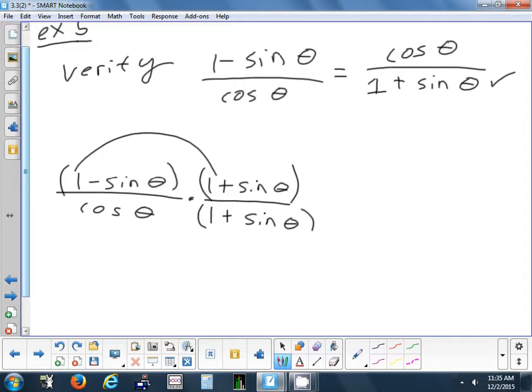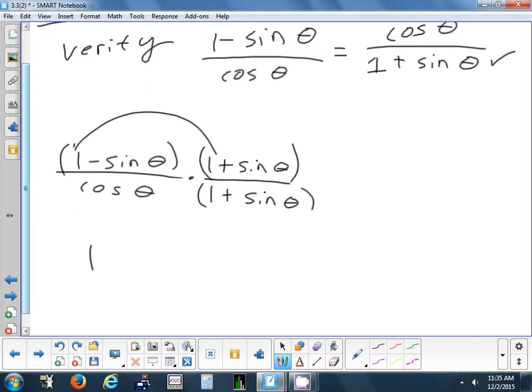What's 1 times 1? 1 times sine? 1 times negative sine. Those cancel out. What's negative sine times positive sine? Negative sine squared.